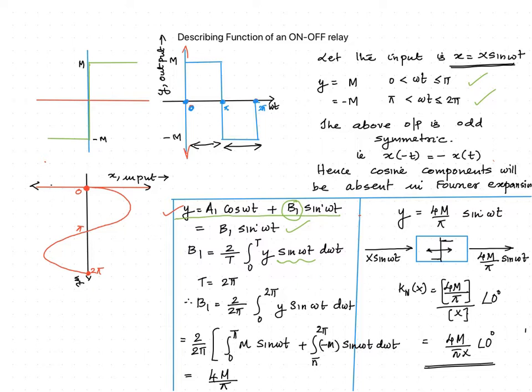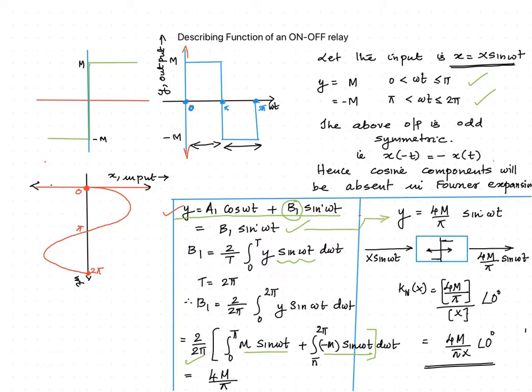Hence, b1 can be reduced to 2 by 2 pi, integral 0 to pi M sin omega t plus integral pi to 2 pi minus M sin omega t d omega t, that is equal to 4M by pi. Hence, y is equal to 4M by pi sin omega t.